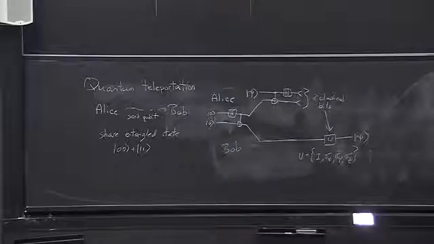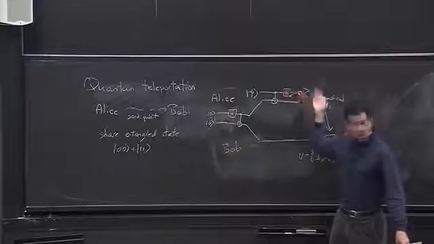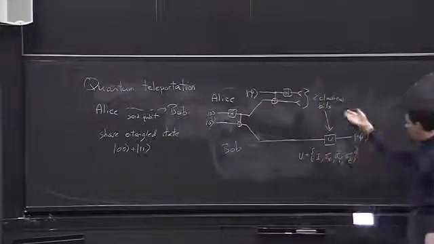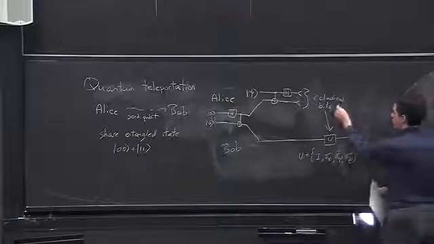And I don't mean he gets back psi approximately or with high probability or anything. He gets back exactly psi. Okay? So somehow, even though there was no possible way Alice could measure all the information inside, she still got it to Bob. And in fact, these two classical bits are random.